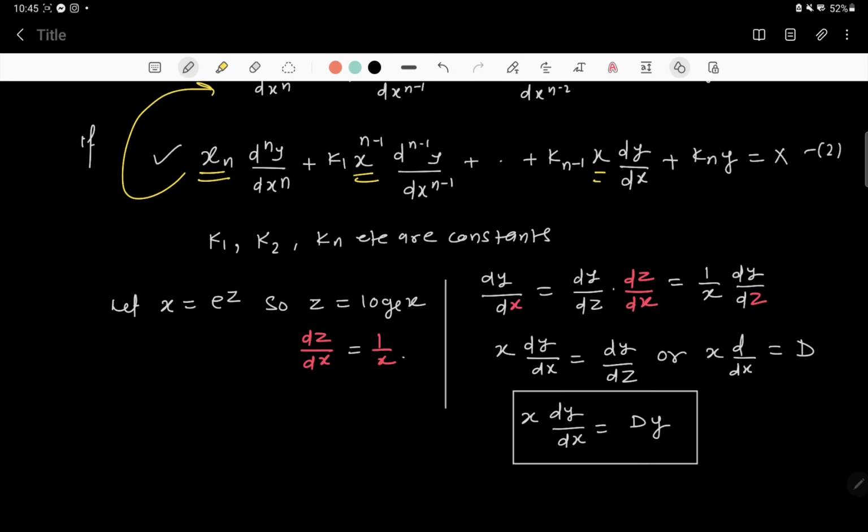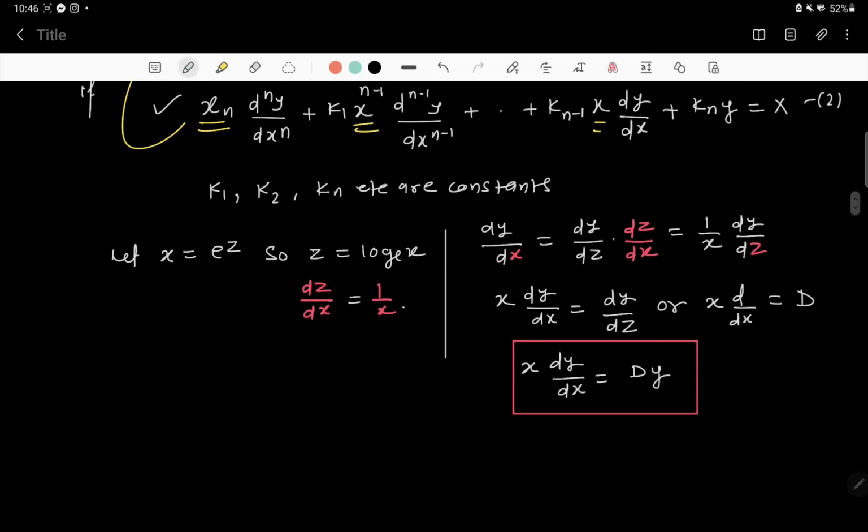We should remember that in every question we will convert x dy/dx in the form of D of y. Suppose we have second order: d2y/dx^2 will be d/dx of dy/dx.